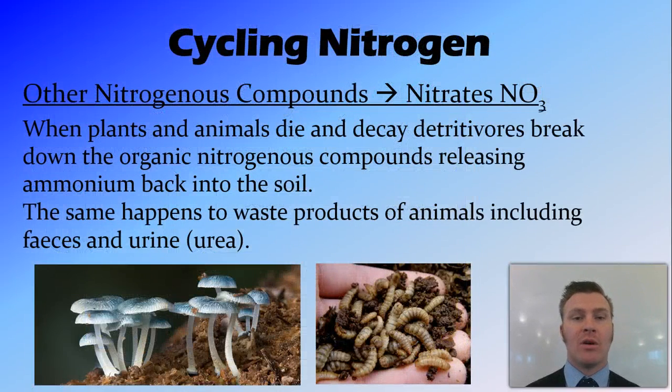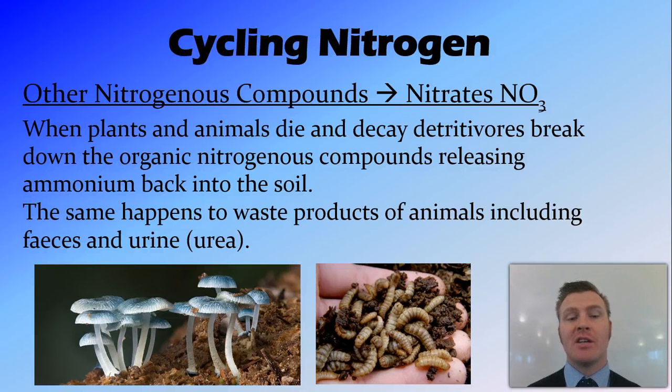Okay, now, once those plants and animals die, those nitrogenous compounds need to be broken back down into nitrates. And to do this, what happens is we have detritivores, which are the organisms that help in the decay of dead organic matter, and they break down the proteins, amino acids, and nucleic acids, and they turn that back into ammonium and release that back into the soil.